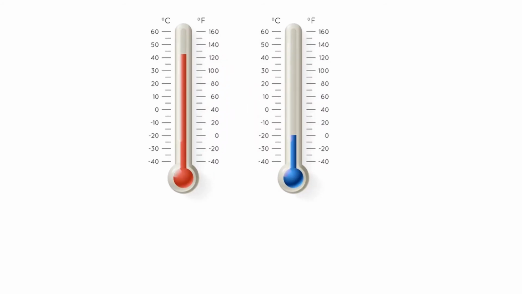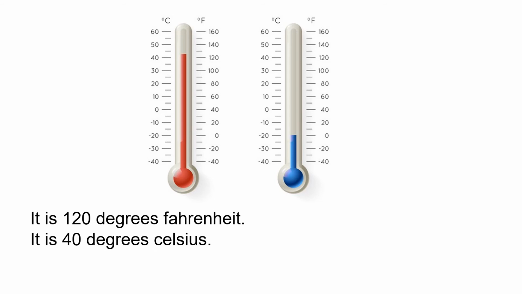Now, let's take a look at these two other thermometers. For the first thermometer, we are going to read the temperature. It says we have degrees Celsius and we have degrees Fahrenheit. For the first sentence, the question is, what is the temperature?